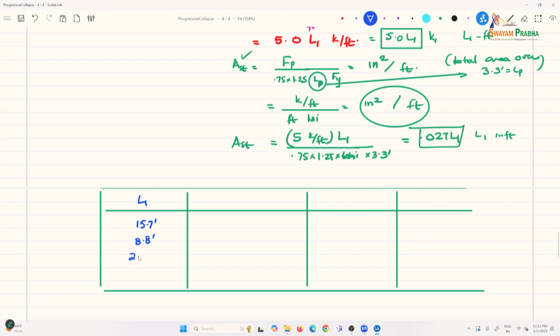The second one, Fp is 79.4 kips, 44.5, and AST in square inches per foot is 0.424.